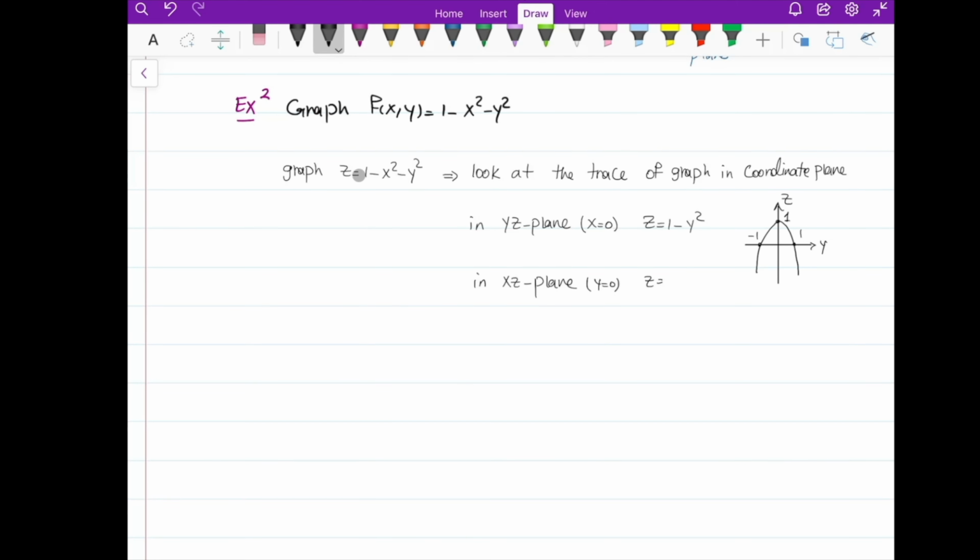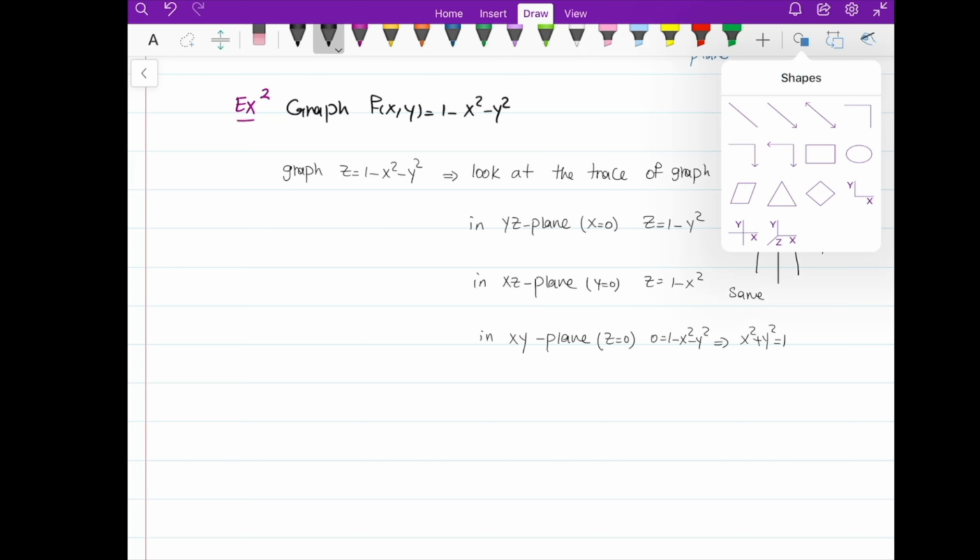I plug in y equals 0. I get 1 minus x squared, which is the same, but in XZ plane, right? It's an upside down parabola. Now in XY plane, z is equal to 0. So I get 0 equals 1 minus x squared minus y squared. And so I get x squared plus y squared equals 1.